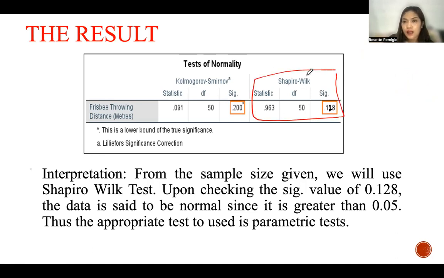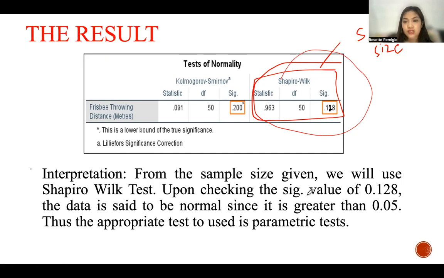Dahil ang sample size natin is only 20, and 20 is less than 50, we will use Shapiro. Again, if it is greater than 50, we will use Kolmogorov-Smirnov. So, interpretation: from the sample size given, we will use Shapiro-Wilk test.